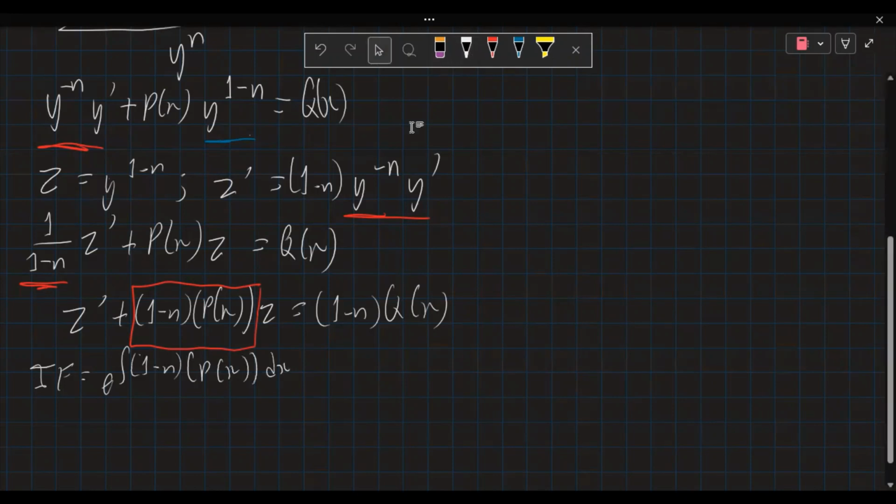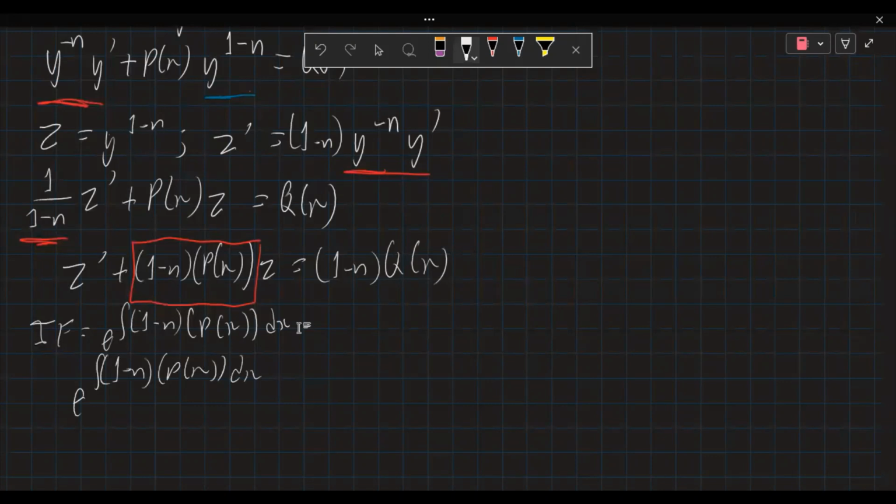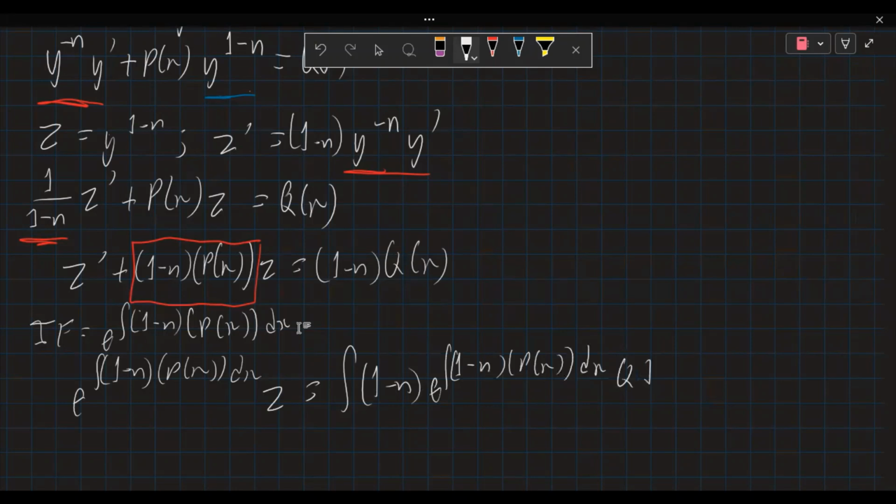Pero we already know yung structure once we multiply all of it. So this becomes basically d of e to the power of integration of 1 minus n p of x dx times z, equals the integration of 1 minus n, e to the power of integration of 1 minus n p of x dx, q of x dx.